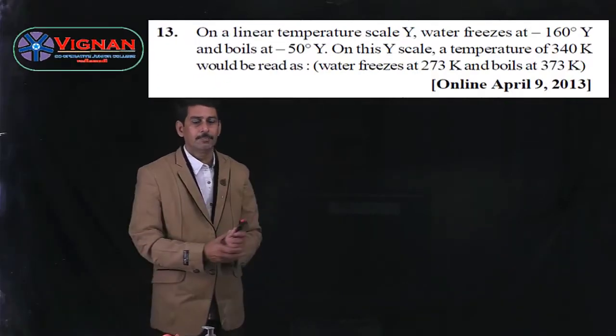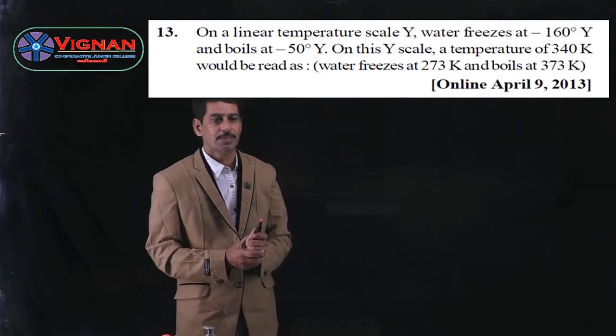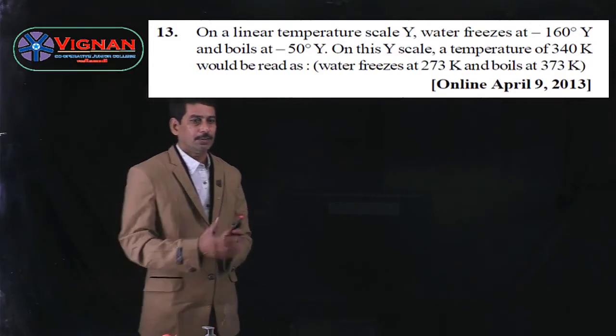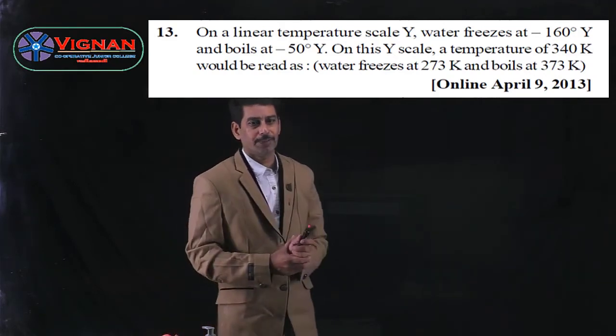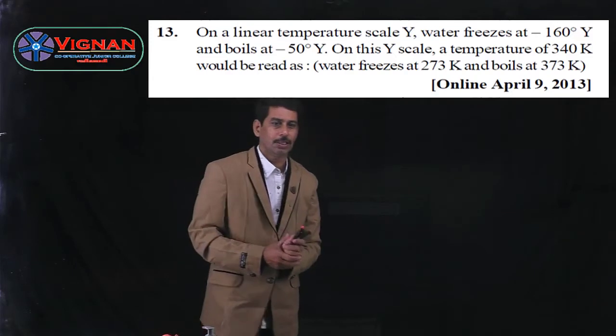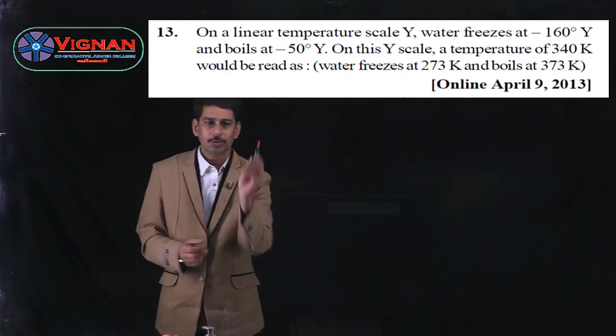See the next problem. On a linear temperature scale Y, water freezes at -160 degree Y and boils at -50 degree Y. On this scale, a temperature of 340 Kelvin would be read as? Water freezes at 273 Kelvin and boils at 373 Kelvin. So there are two scales given.